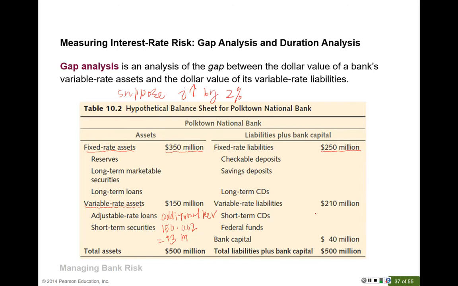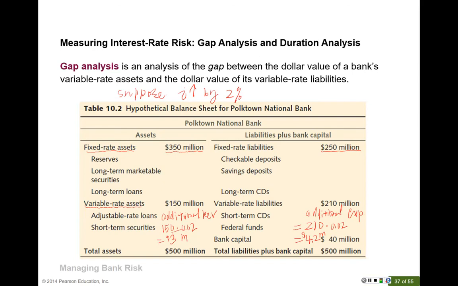When the interest rate increases, the bank also needs to pay additional interest. This additional interest is a bank expense, which can be calculated by 210 multiplied by the increase in the interest rate, 0.02. So we get $4.2 million here.